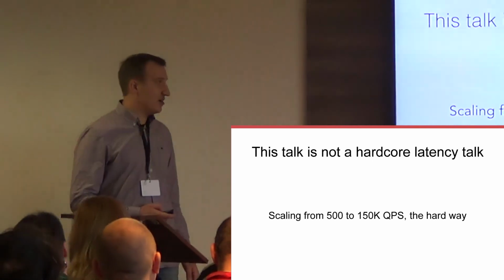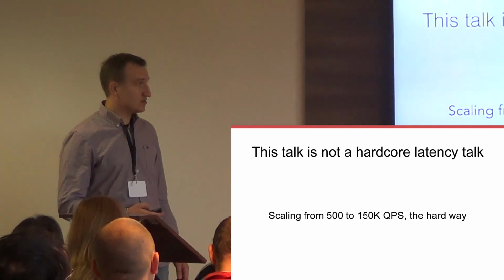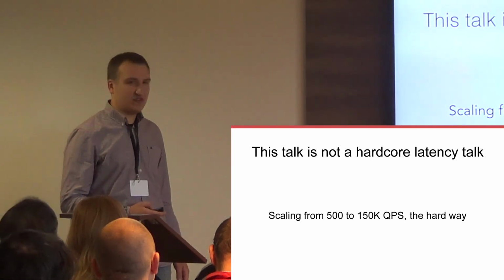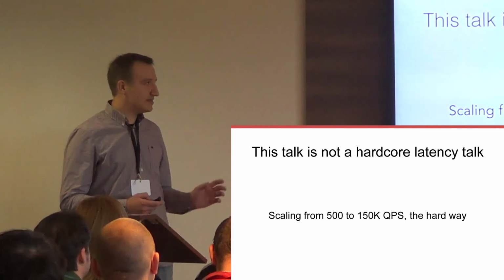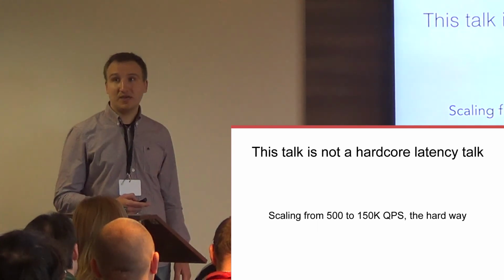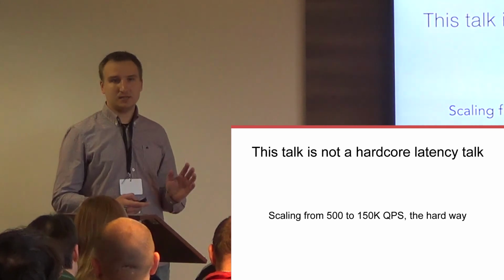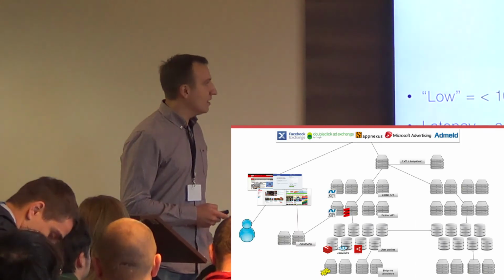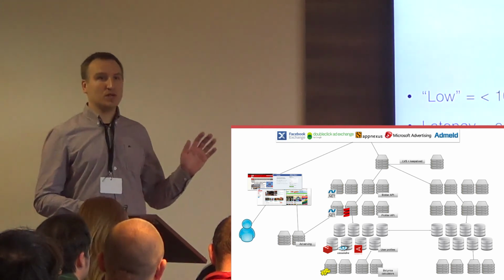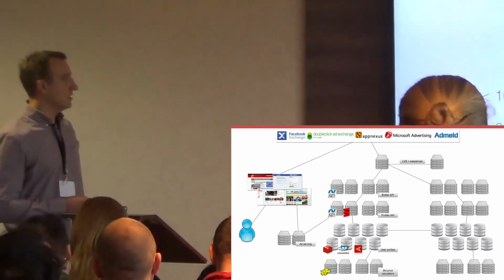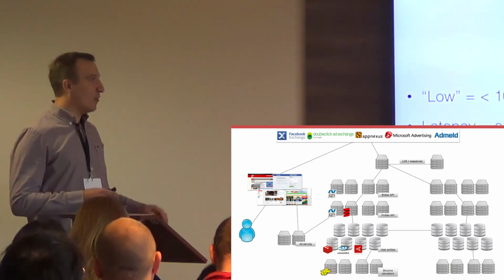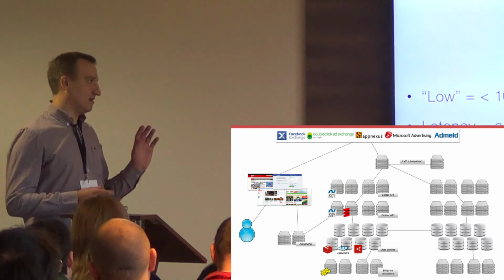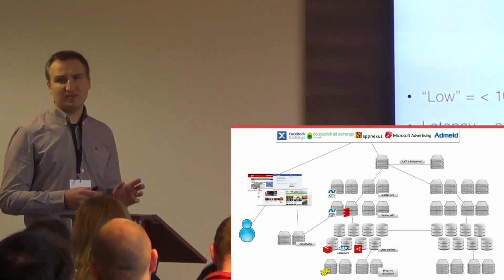In 3 years, we went from 500 queries per second to 200,000. And by saying queries per second here, I mean HTTP requests. And what I'm going to call low latency in this presentation: by saying low, I mean a request in less than 100 milliseconds.